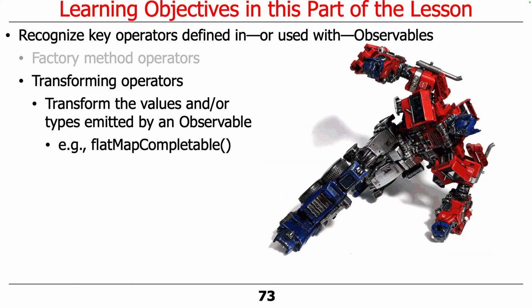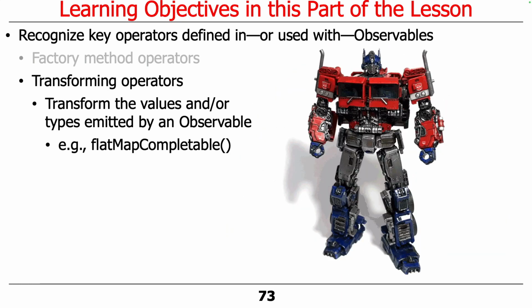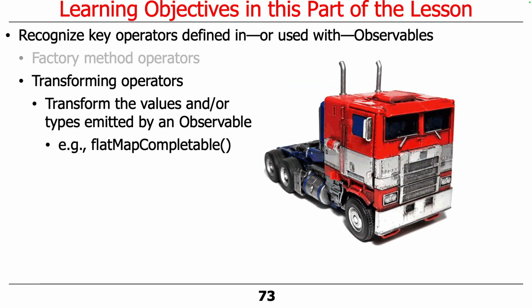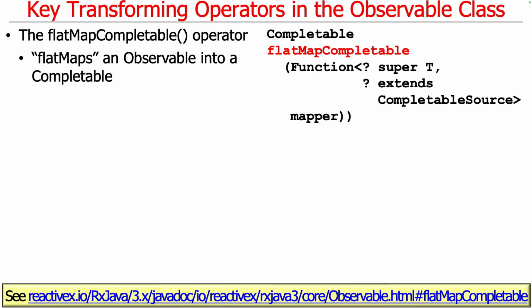Now we're going to talk about flat map completable, which is this kind of interesting variant of flat map. Let's take a look and see what that flat map completable does. It maps, or flat maps rather, an observable into a completable. Remember, a completable is something that will either return the completion or an error, but the values are not going to be emitted.